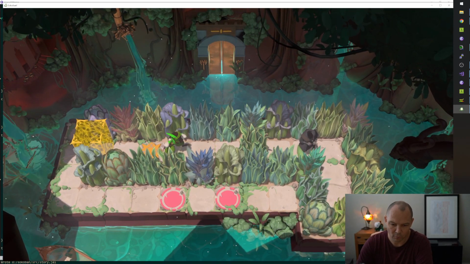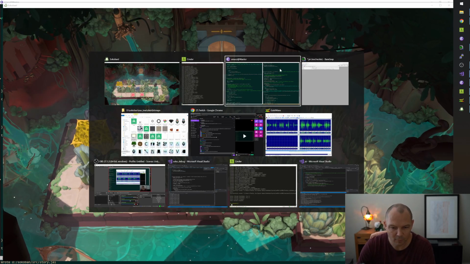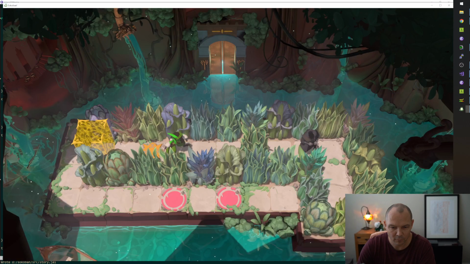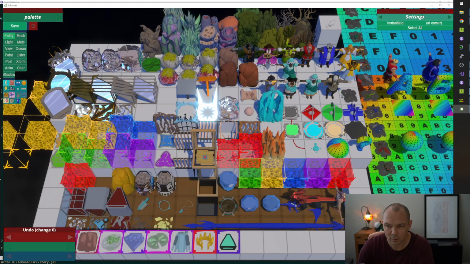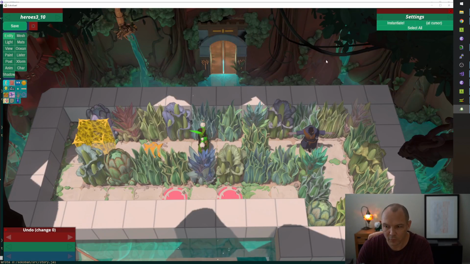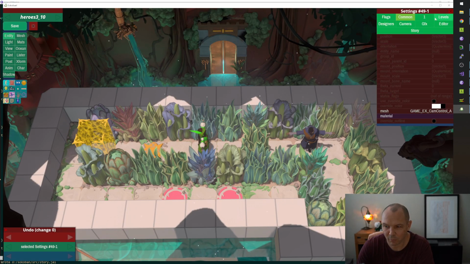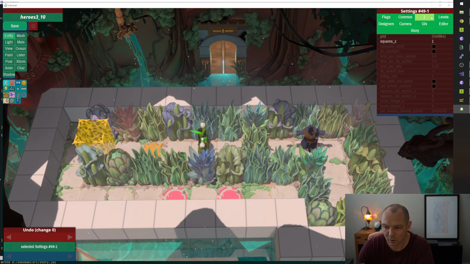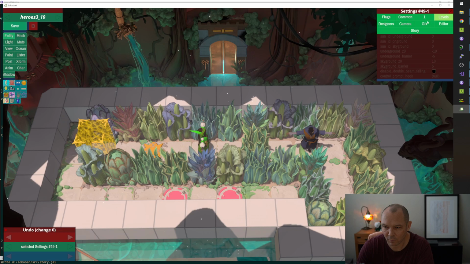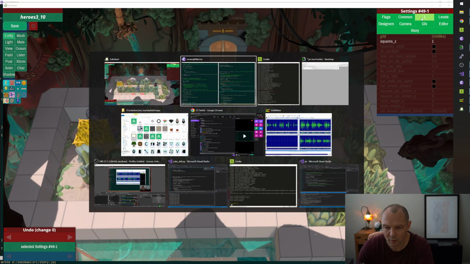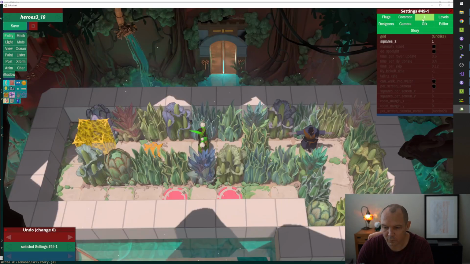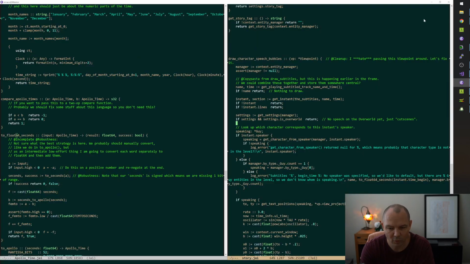Wait, what? Why did it not? The worst possible thing is if every level is accidentally marked overworld. Where is that? I don't even know. Where is it?